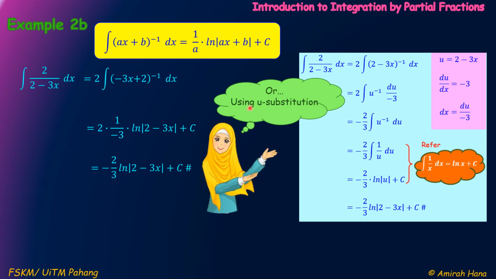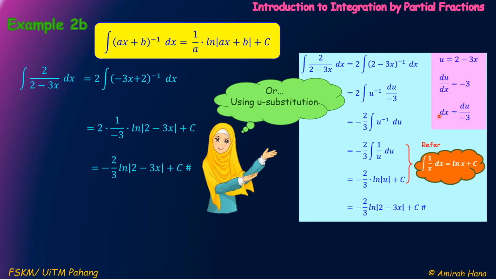Every time we integrate using u substitution, we have a derivative part and an integration part. When we differentiate u with respect to x, we get du over dx equals negative 3. After that, we write dx as the subject, so dx equals du over negative 3 after we cross multiply.